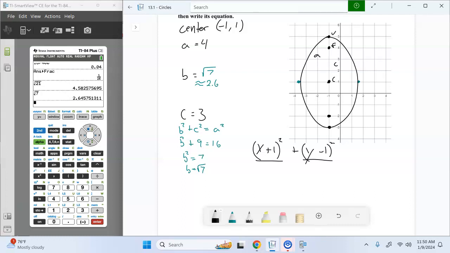A squared is 16, B squared is 9. Which one goes under the X and which one goes under the Y? 16 goes where? Under Y. Under Y, and 9 goes under X. Set it equal to 1. There's our equation. Okay, make sure your largest denominator matches with the direction of your major axis.